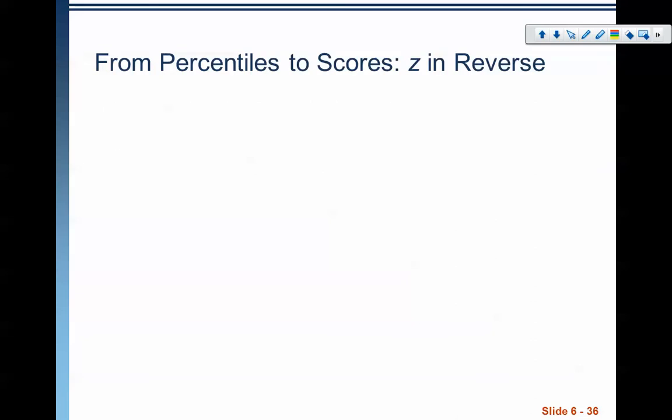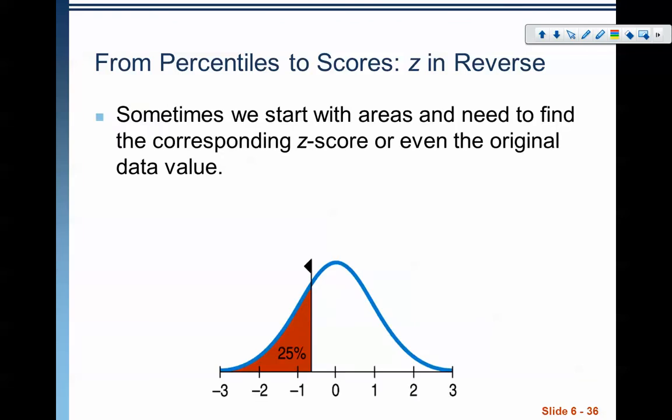So from percentiles to scores, now we're going to go the reverse, right? We're going to start with a percentile, and we're going to go with the z-score. So sometimes we start with the area, and we need to find the corresponding z-score or even the original data value. So we have this picture down here. This normal model picture is saying we have 25%.